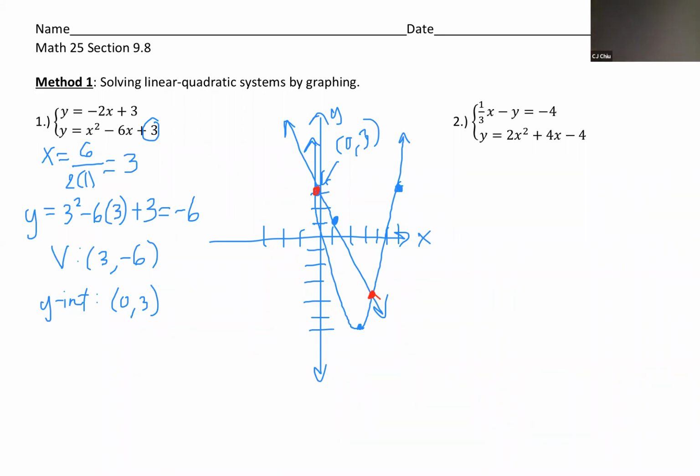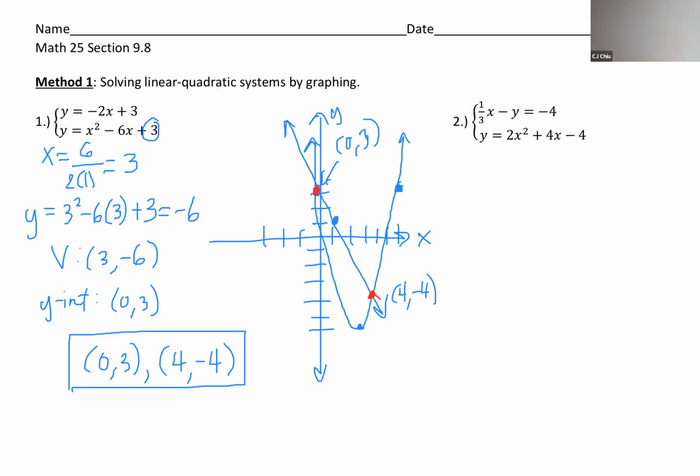So this other point, maybe 4, negative 4. So our 2 solutions are 0, 3, that's for sure, and then somewhere around 4, negative 4. Remember, it depends on what your graph looks like. If you get 4, negative 5, or 4, negative 5.5, somewhere around there, that's fine, okay? But you should get 2 points in this case.